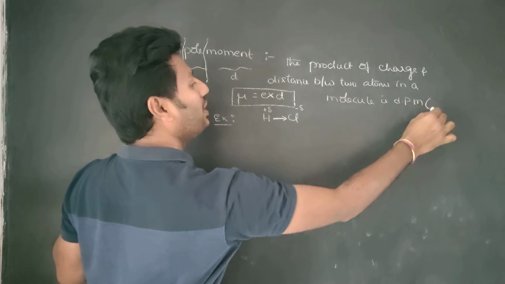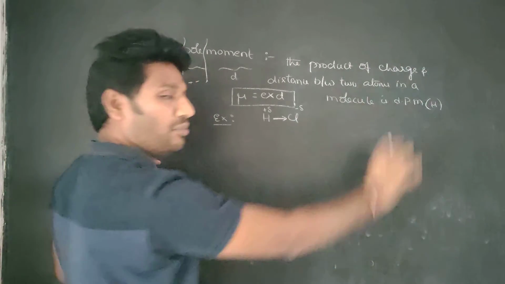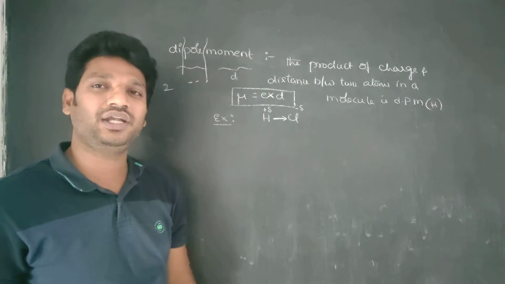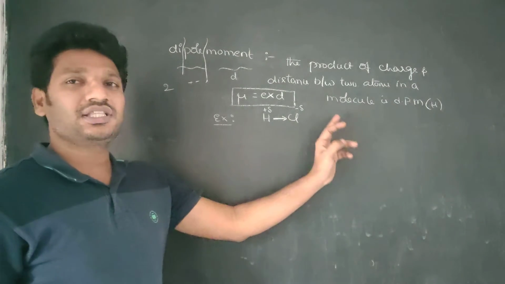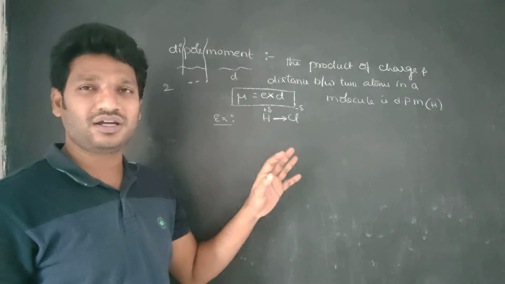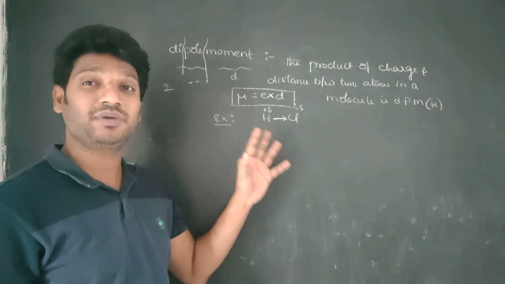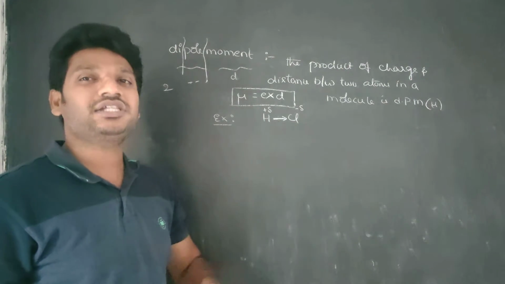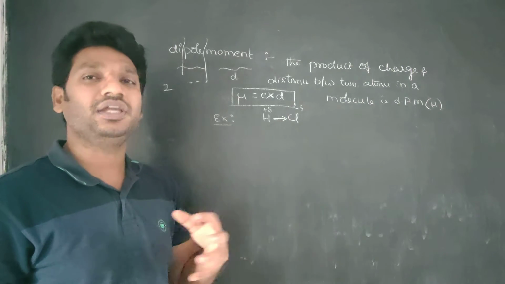What I am saying is, the dipole moment is symbolized as mu. So this is the definition of the dipole moment. The definition is not considered for applications, but the applications of the dipole moment are very important.